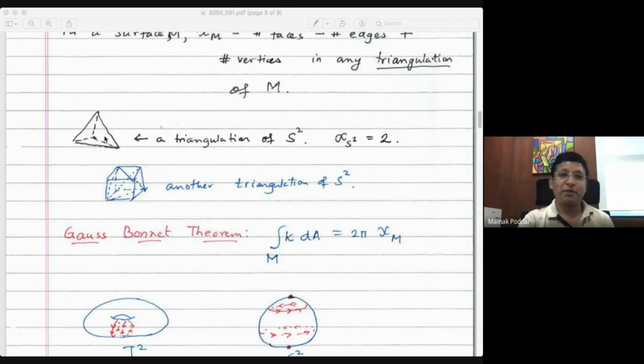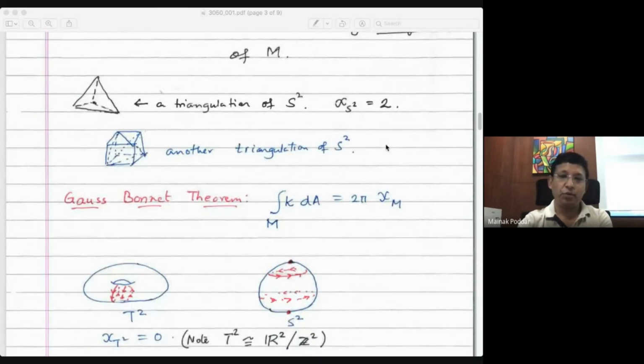But okay, let us look at some triangulations here. I have the triangulation of the two-sphere. First you look at the boundary of the tetrahedron, and that is bicontinuously bijective to the sphere. And you can count faces, edges, and vertices, and you'll see the Euler characteristic is 2.